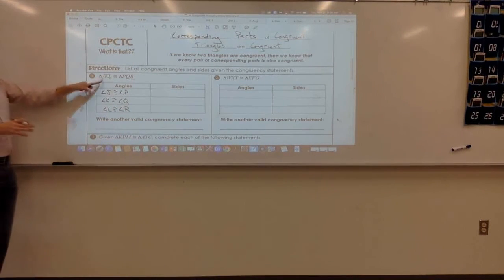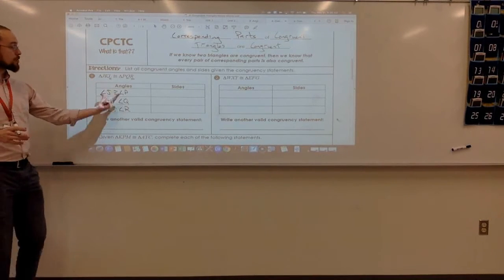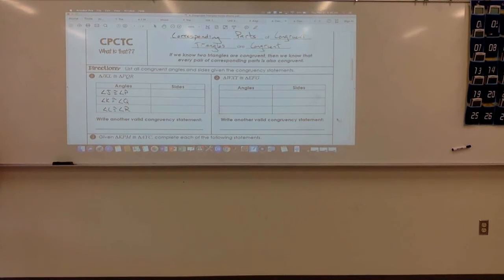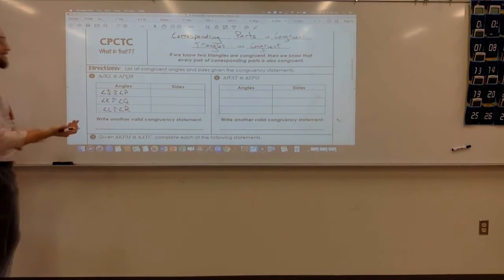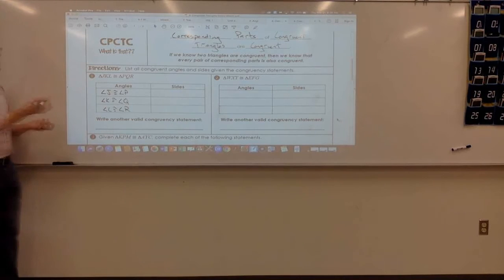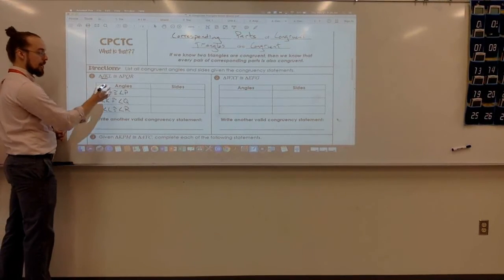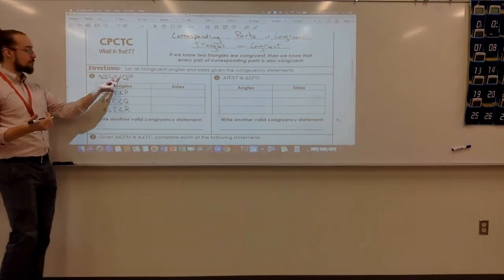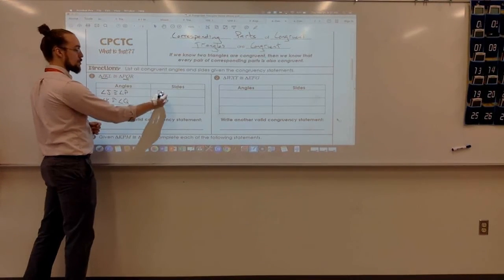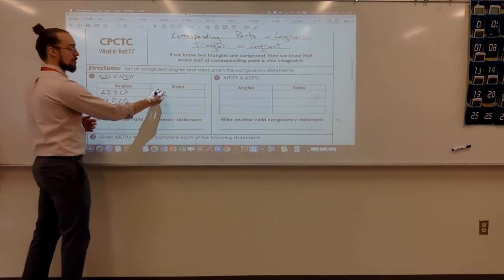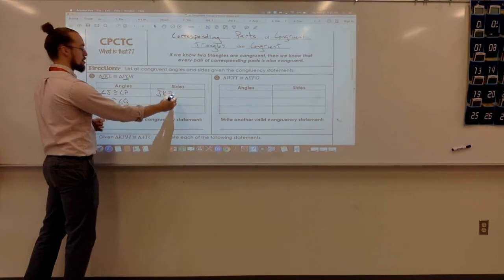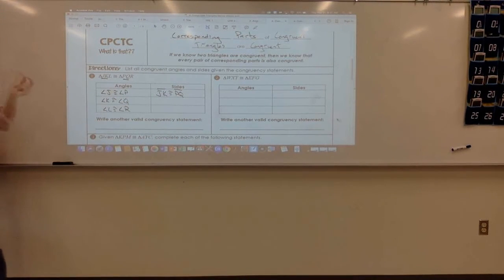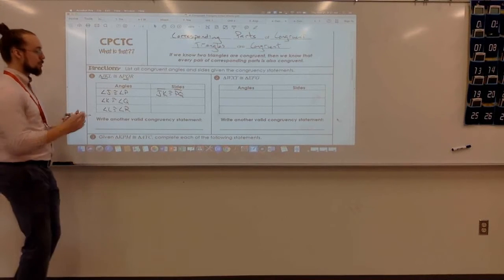Just from the statement. I don't even need a picture. I know all of this information just from how this congruence statement is written. I can do the same thing for the sides then. I can say side JK is congruent to side PQ, just from the order that these are written in. So the way we write that is saying this segment is congruent to this segment: segment JK, segment PQ.